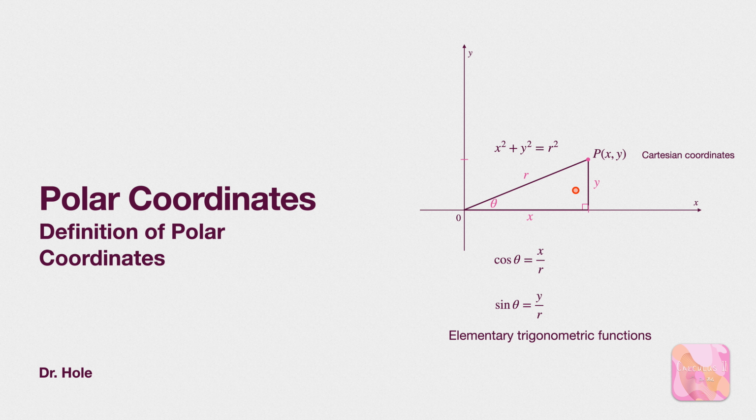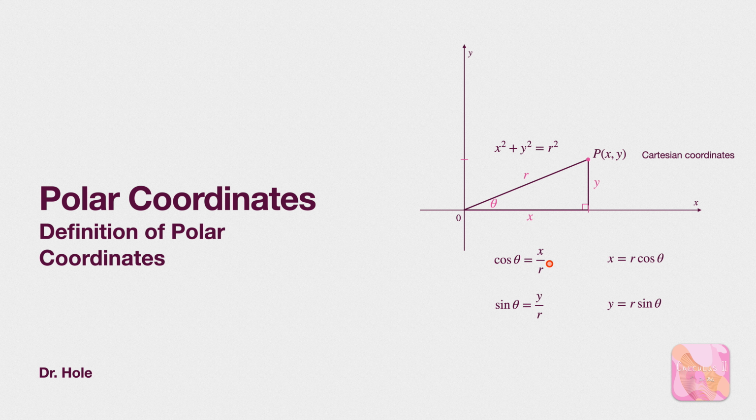For sine of theta, you look at the side opposite on the right triangle and take the quotient with the hypotenuse to get the value for sine of theta. Allowing, again, x's and y's to be negative would then produce either positive or negative values for sine and cosine, but is also going to help us identify points in their correct quadrants.